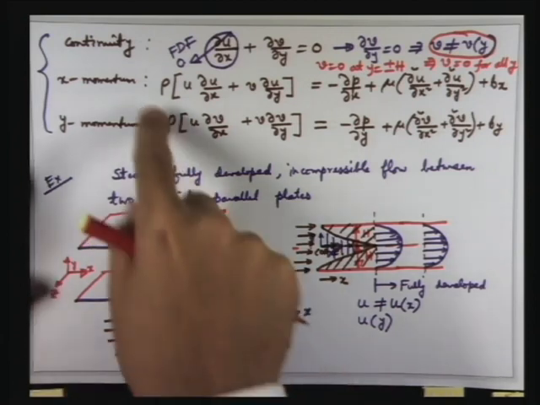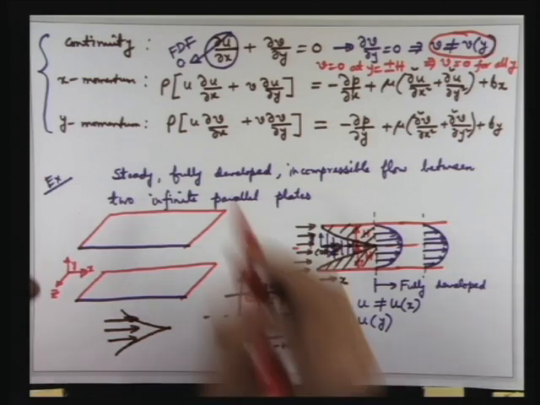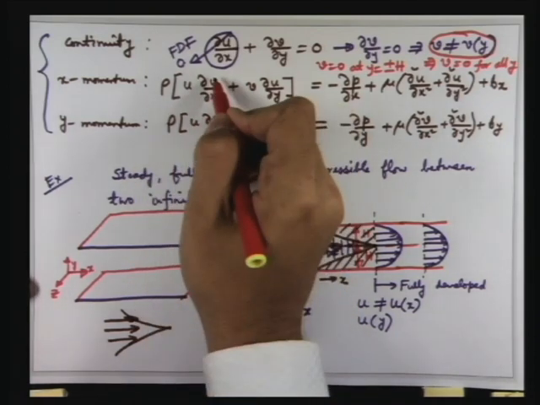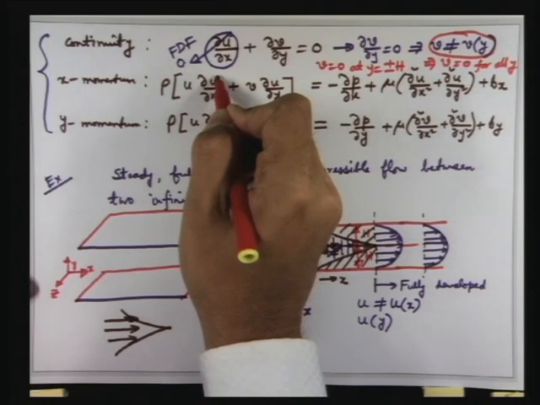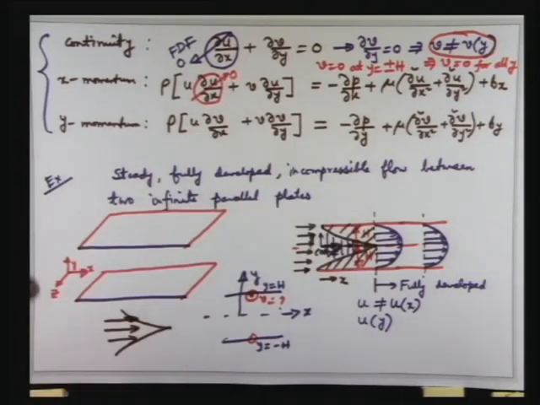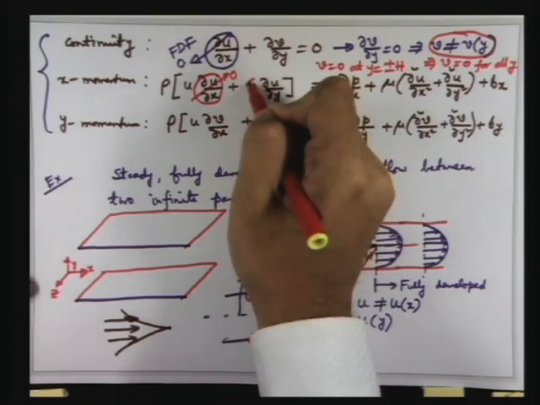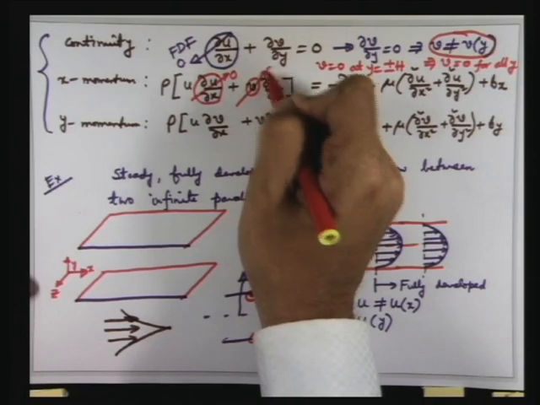So let us see how we can simplify these equations by considering del u del x equal to 0 and V equal to 0. So in the x momentum equation, del u del x equal to 0, fully developed flow. Then V equal to 0, we have just proved.